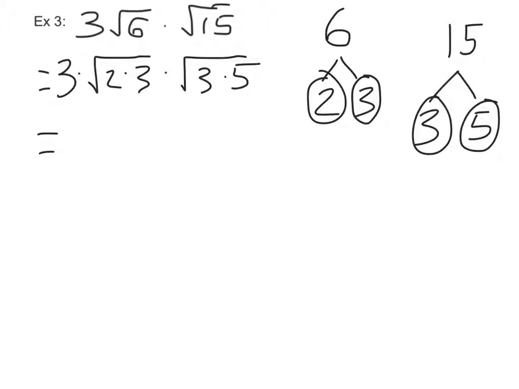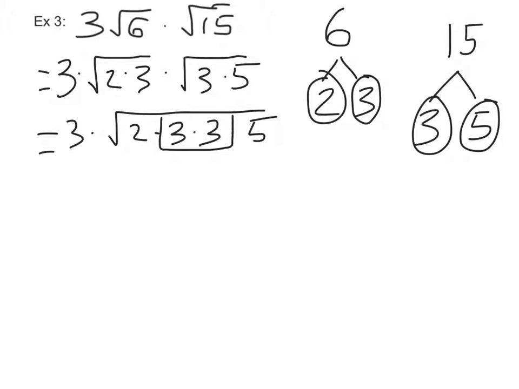Now let's go ahead and take all of these factors that are under the square root and put them into one combined square root. So I have a 2, I have a 3, I have another 3, and I have a 5. And at this point, let's go ahead and identify those pairs. Notice the only pair that we have is those 3's right there.